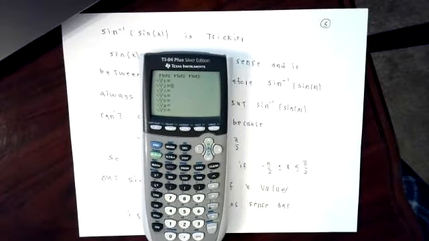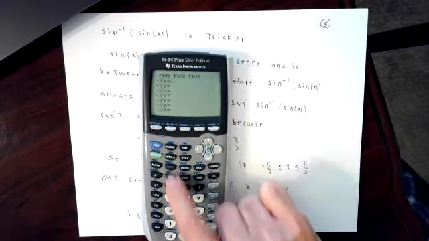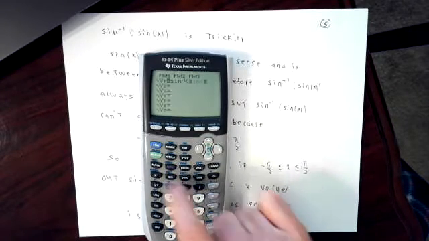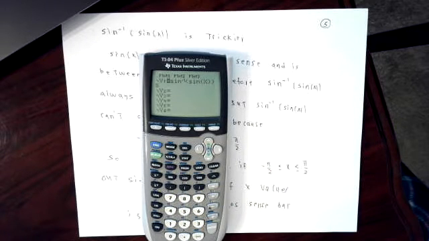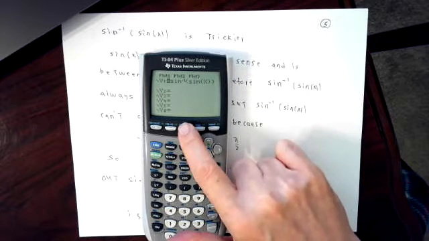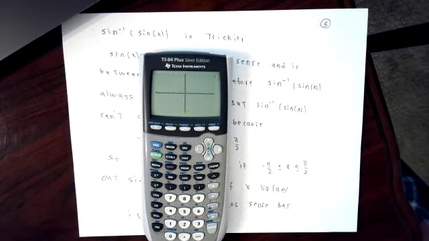So we'll do as before. I'm going to have y1 being the inverse sine of the sine of x. I'll draw its picture on the standard viewing window, and then we can zoom in if we need to. Zoom 6.